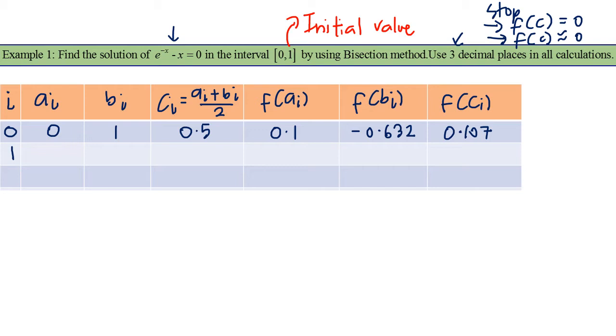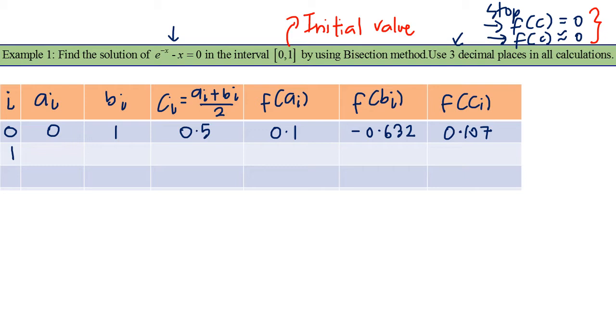I will explain that after this in example number 2. But for this case, your f(c) is still not equal to 0, which is 0.107, so you have to continue to iteration number 1.